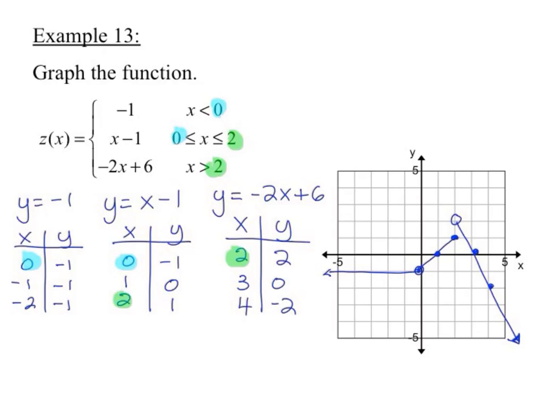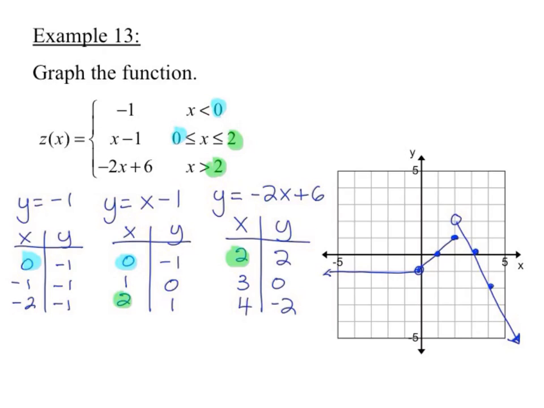And then for x greater than 2, if we continued this on up, we'd have here our y-intercept of 6 and a slope of -2. But again, we don't need that part of the graph. We only need the part from 2 to infinity, and so that's the part that we draw.